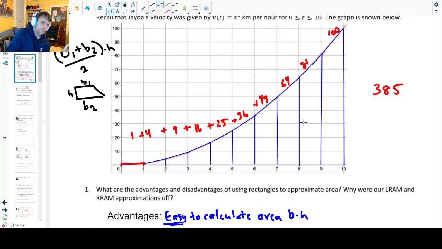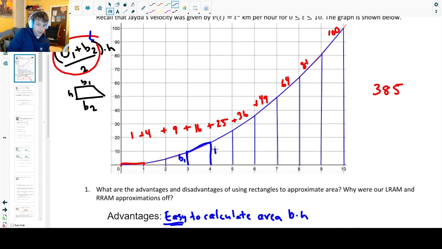That's because this is an average right here. This is an average. So if we take a look at one of our rectangles again, let's say we look at this one right here. This is one we looked at earlier, and I say rectangle, I mean trapezoid. So B1 is the left hand of our interval. So that's the value we'd be using if we did a left hand Riemann approximation.